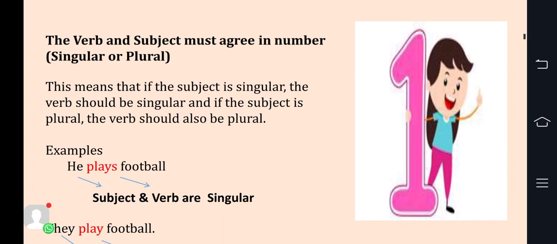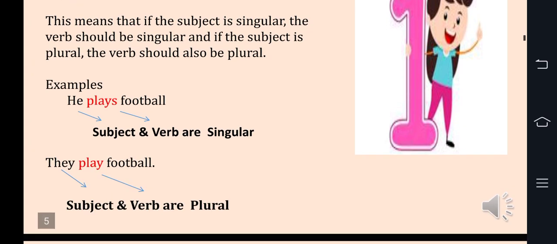Let us see few examples. He plays football. Here the subject is he, plays is verb and are singular. They play football. They is subject and play is verb and they is plural.